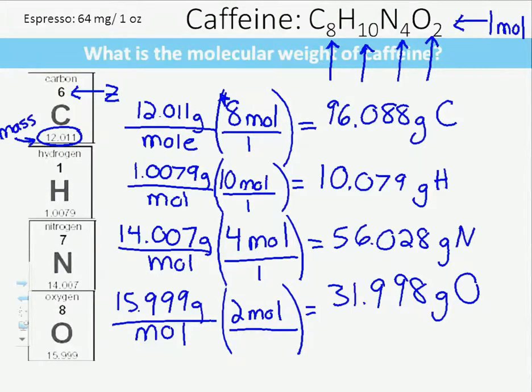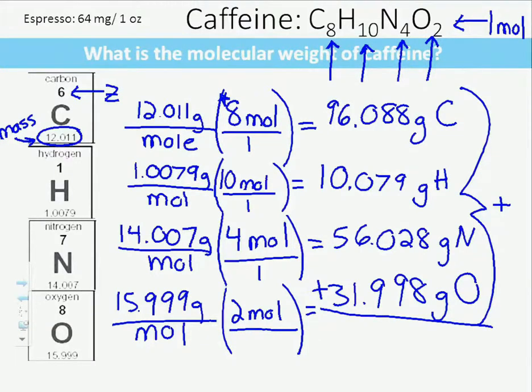So if we add up all of these numbers, we're figuring out the mass of 8 moles of carbon plus 10 moles of hydrogen plus 4 moles of nitrogen plus 2 moles of oxygen, because that will give us the mass of 1 mole of caffeine molecules.